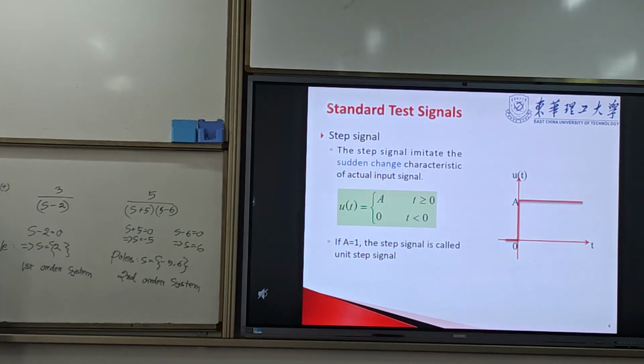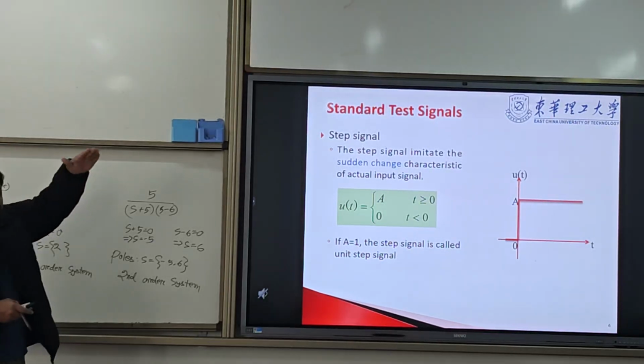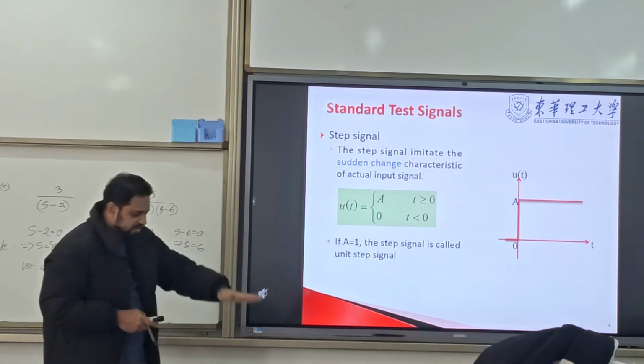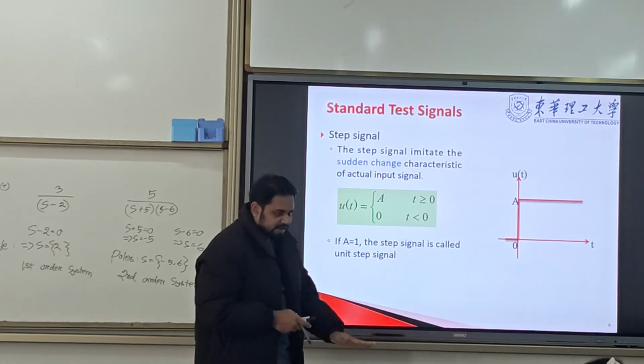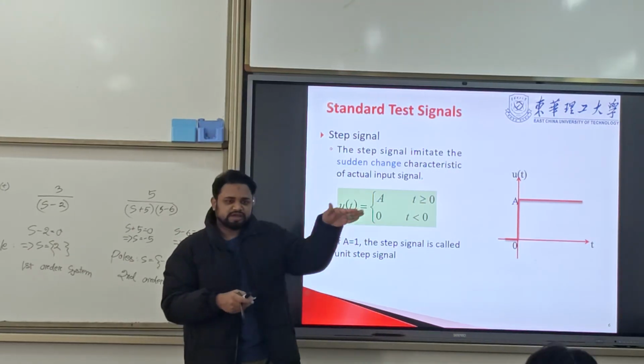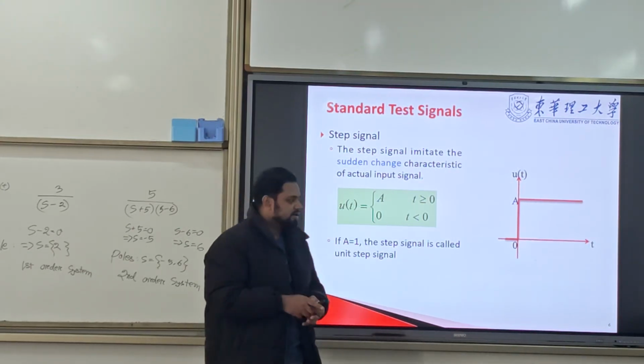Second one, step signal. Step signal is mostly defined if there is a sudden change. Sudden change, step change. Step means high to low. Here, high, then I am going low, that is called a step, going high to low, or low to high.